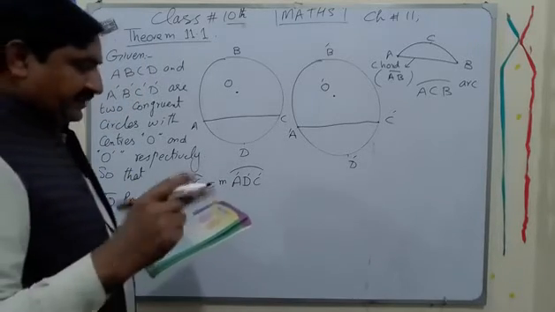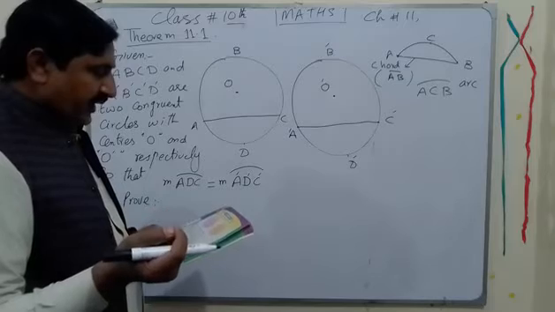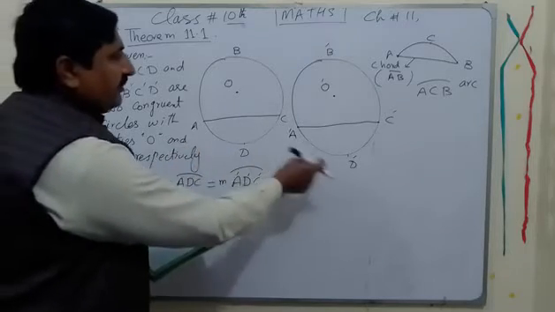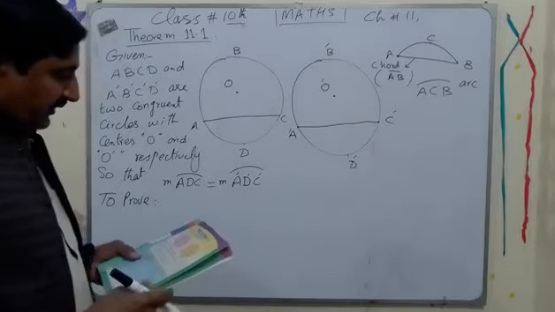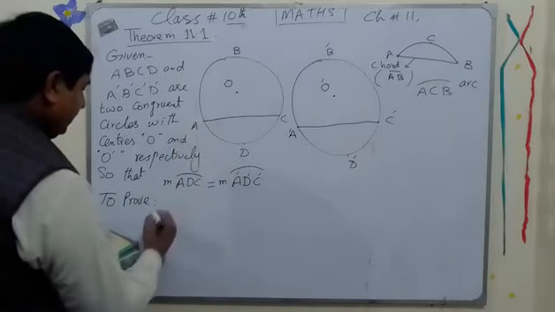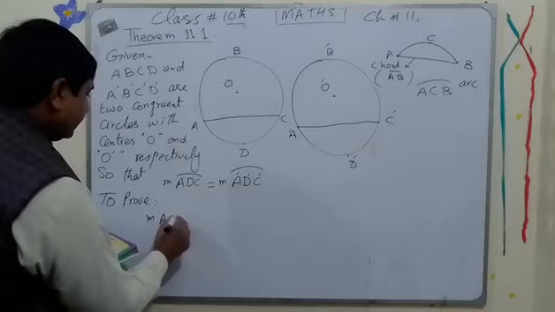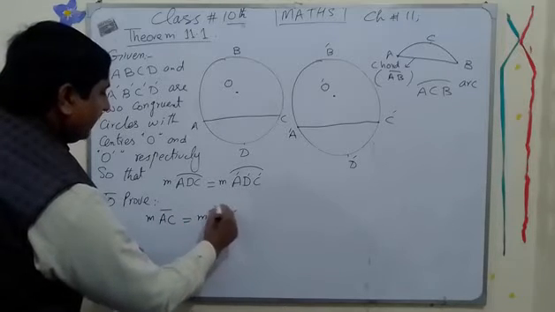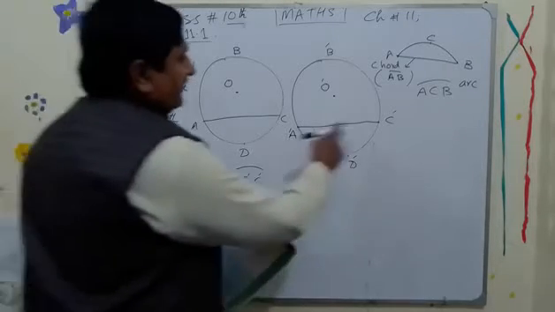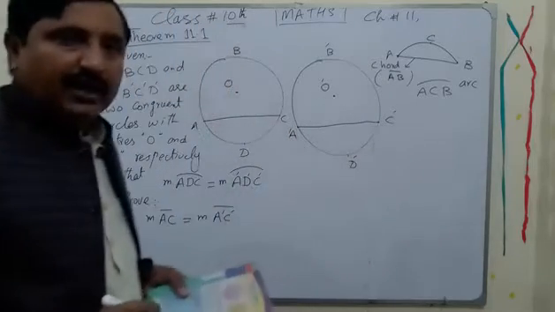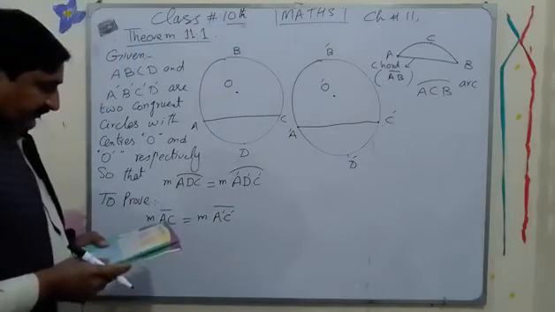Circles with centers O and O prime and congruent arcs ADC and A prime D prime C prime. What we have to prove here is that the chord AC, measure AC, is equal to measure A prime C prime. We have to show that AC and A prime C prime both are equal in measurement, right?